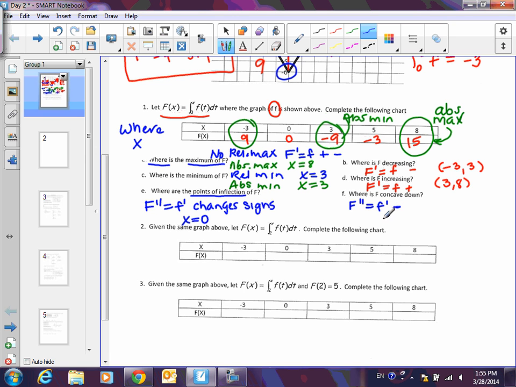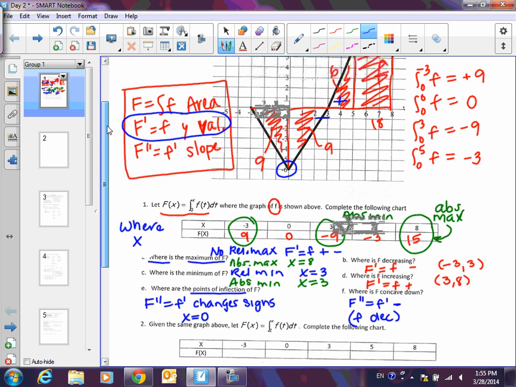You could say something about decreasing, but what you would say is decreasing is just F. Because remember, F is decreasing when F prime is negative. We saw that right up here, okay? A function is decreasing when its derivative is negative, and second derivative being negative means concave down, all right? So where is this function?